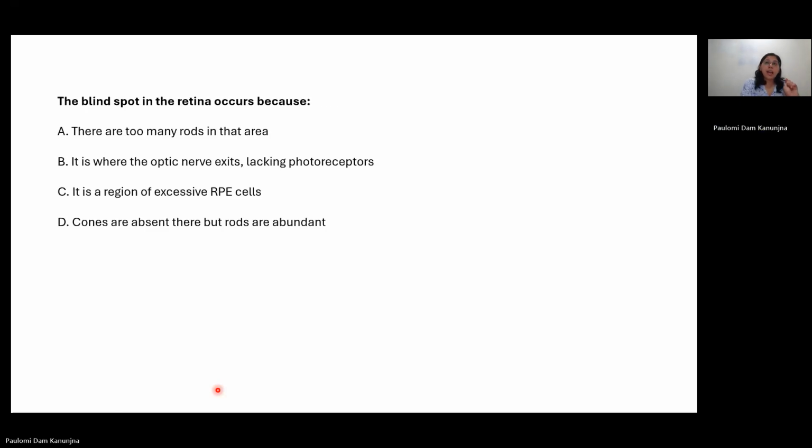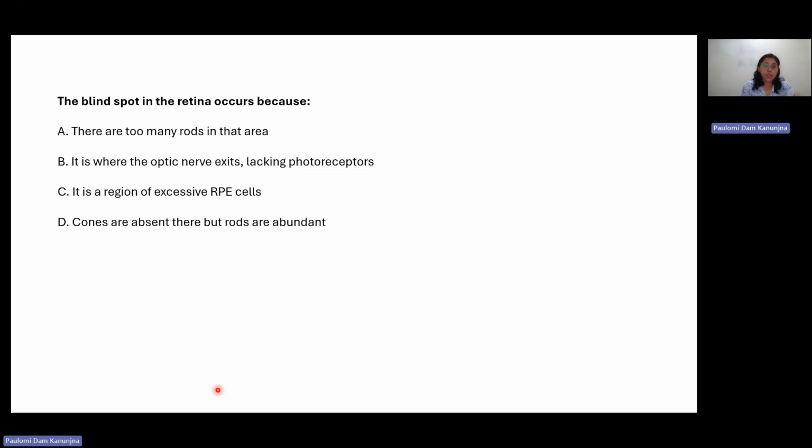Now, the blind spot, this also I had discussed with you. The blind spot in the retina occurs because there are too many rods in that area? It is where the optic nerve exits and that's why it lacks photoreceptors? It is a region of excessive RPE, the epithelium cells? Or is it the region where cones are absent but rods are abundant?